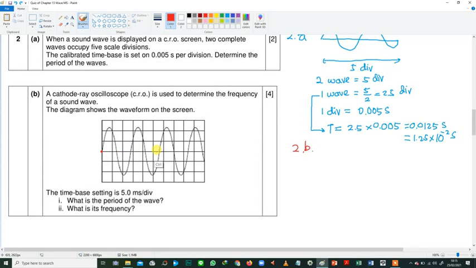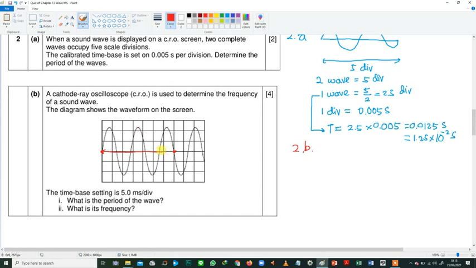This one cannot, this one cannot, this one can, because it's exactly on the vertical line and the edge of the crest is a similar point. How about the bottom? The bottom also cannot, because it's not on the vertical line. So we're gonna use this and this.